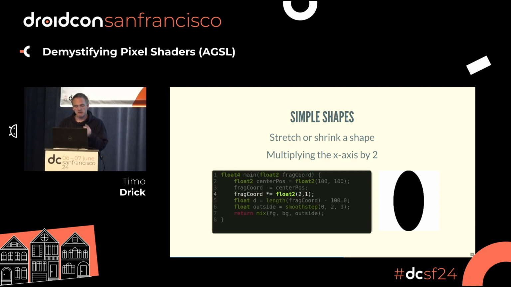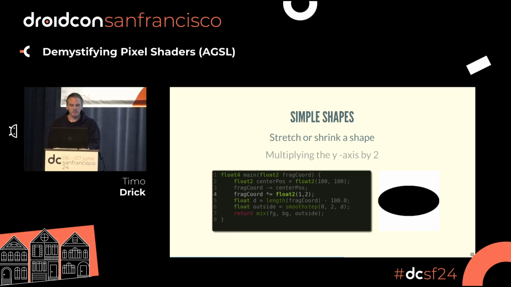When you multiply by 2, you multiply the coordinate system, and then the opposite will happen to our shape. If you multiply the y coordinate by 2, then it will be squashed in the y-axis.